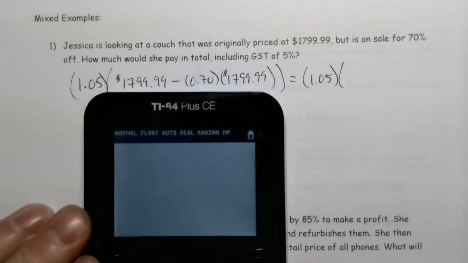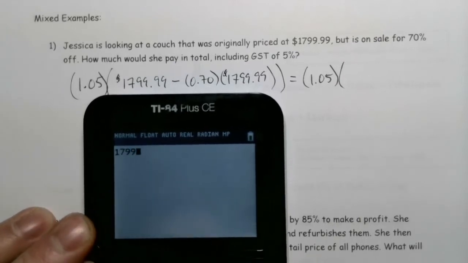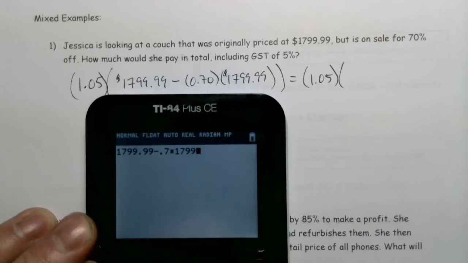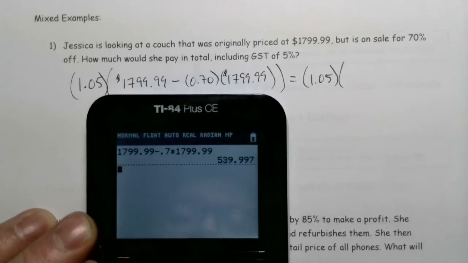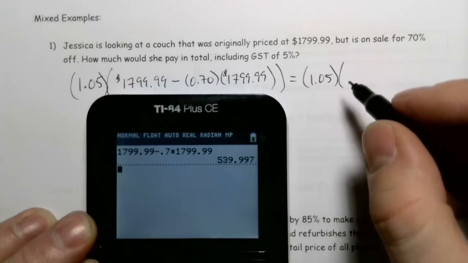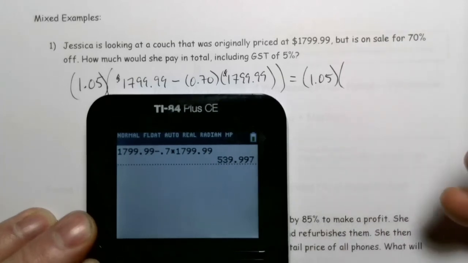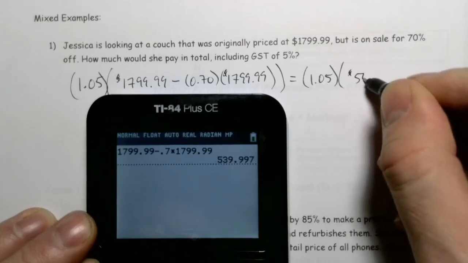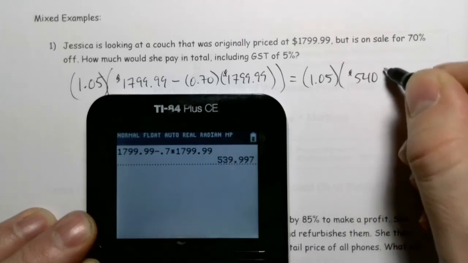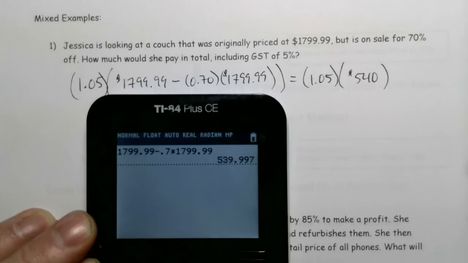we'll get 1799.99 minus 0.7 times 1799.99. And I'm going to get, okay, well, when I round that up, I'm going to get $540. Okay, that's really what that's going to be.